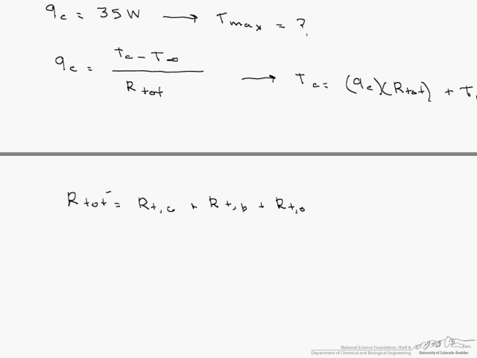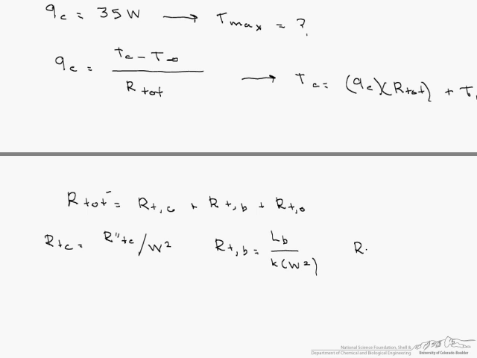So let's start with our contact resistance. Our contact resistance is just the contact resistance per meter squared divided by the area, which is W squared. Our resistance for the base is just the length of the base divided by K times W squared.